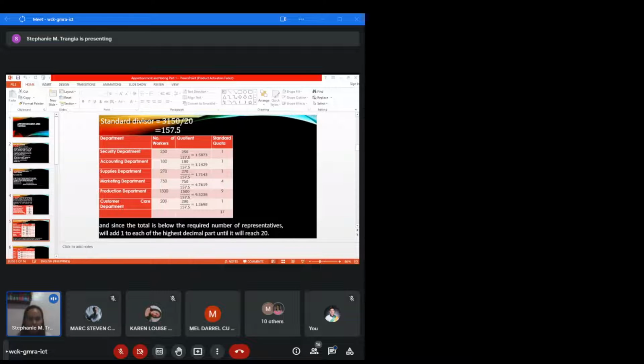Look at the decimal part, not the whole number. Supplies department, with 0.7143. So we need to add one representative again for the supplies department.